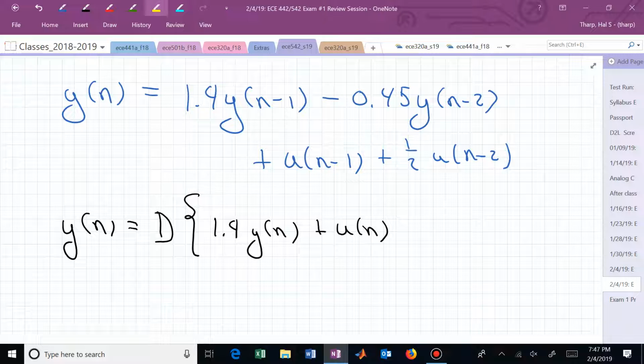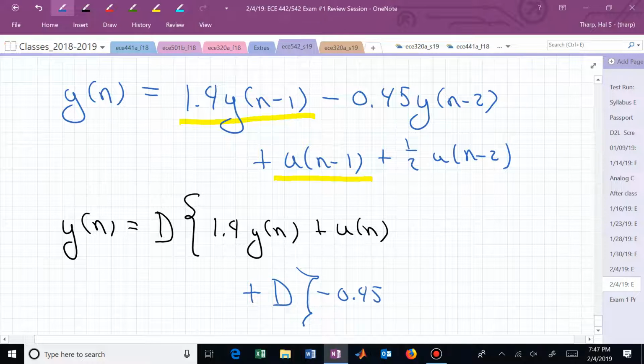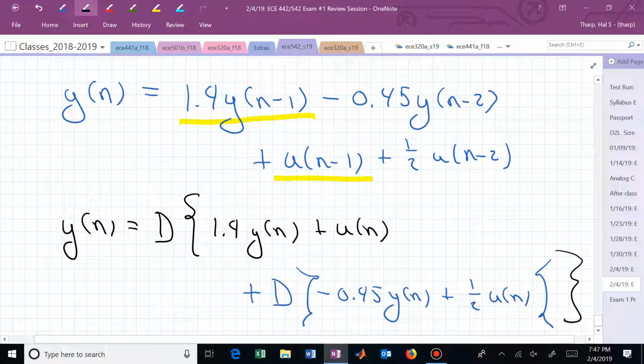And now I've accounted for this and that. So you could start even getting rid of those mentally if you wanted to by underlining or highlighting. Now I have one more delay, so this one's now nested inside the curly bracket, and I have minus 0.45 y of n plus 1/2 u of n. Are we okay with what I've done?